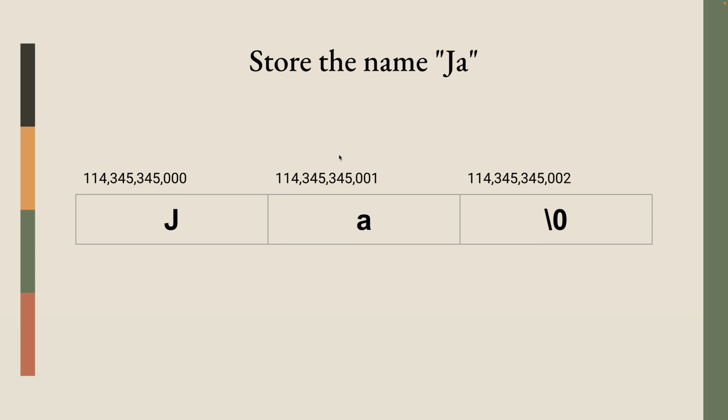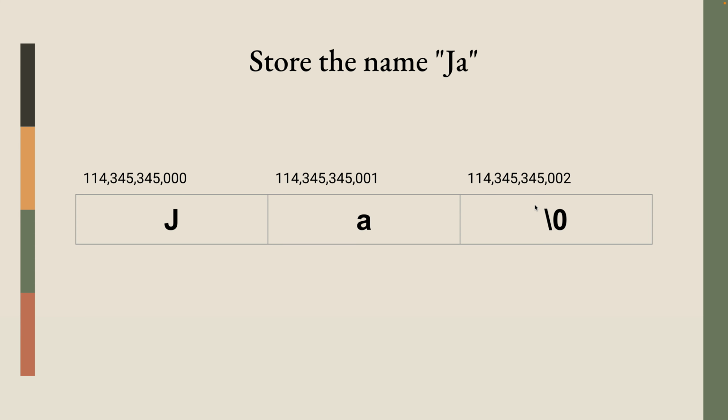So when the computer stores a string in memory, it will store each character in its own box, because each character takes up a byte. So the J will be stored in the 0th position, the A will be stored in this first position, and then the computer will automatically add what we call the null terminator.